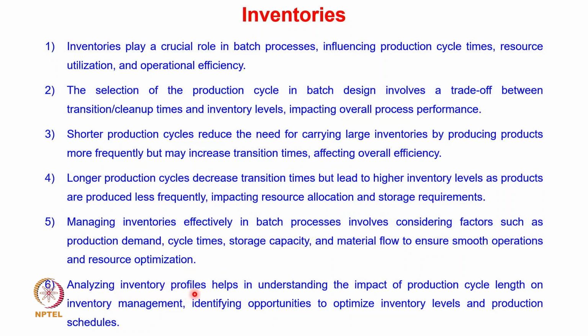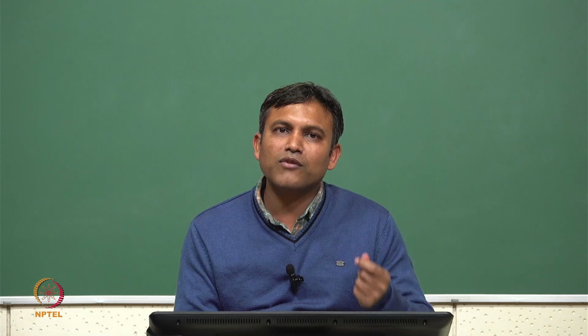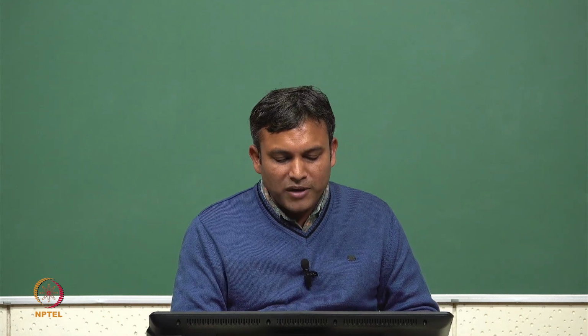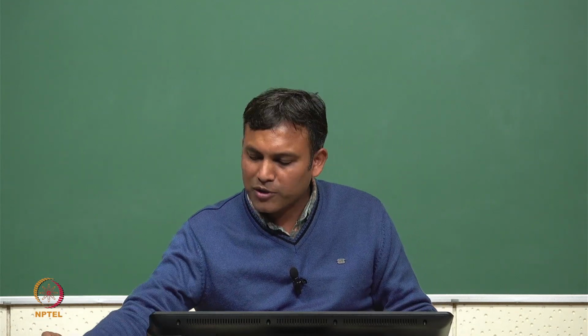Analyzing the inventory profiles helps in understanding the impact of production cycle length on inventory management, identifying opportunities to optimize the inventory levels and the production schedules. So clearly, we have to maintain the inventory profiles, and based on them we have to obtain the optimized production schedule.